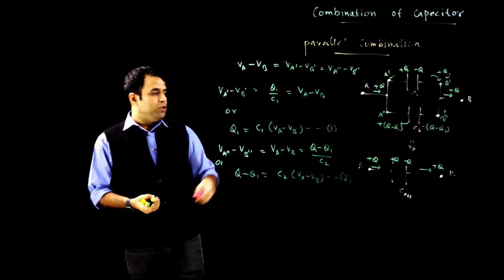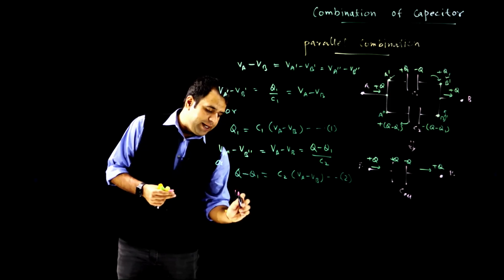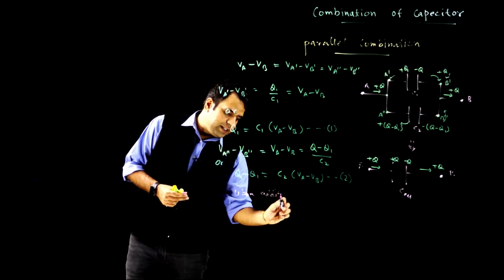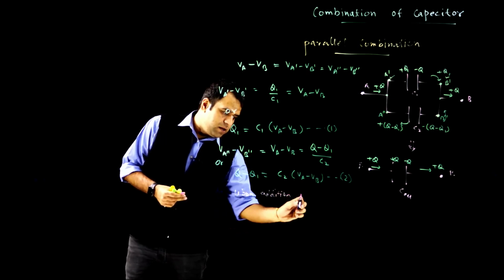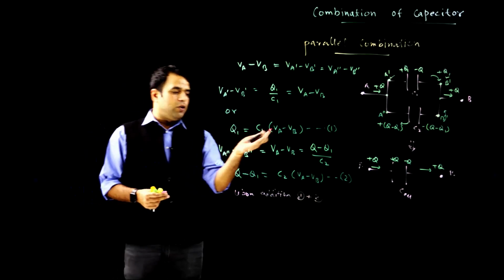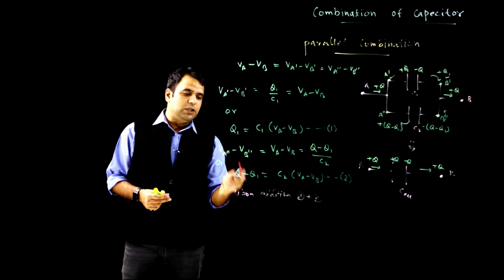Now if I add both of these equations, upon addition of 1 plus 2, on the left hand side it is Q minus Q1 and here it is Q1.